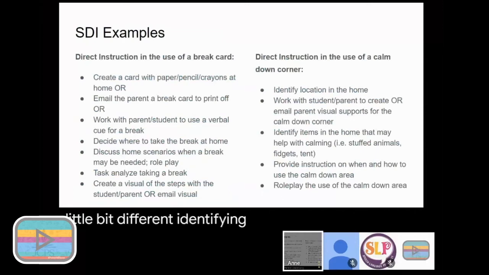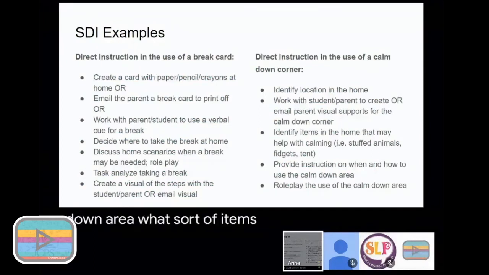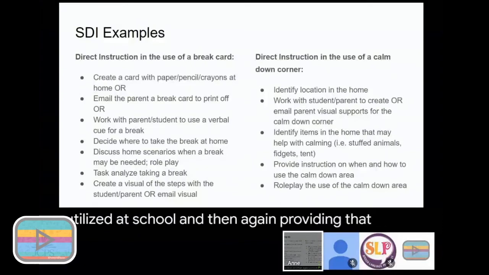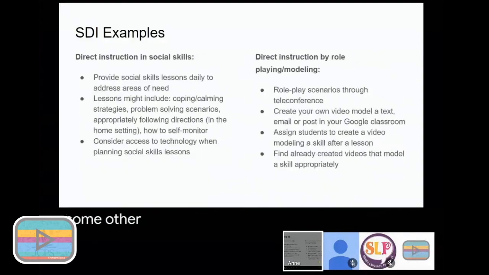Identifying items in the home. Maybe they have a fidget box at school in their calm down area. What sort of items do they have at home that could replace the ones that were being utilized at school? And then again, providing that instruction or role playing the use of that area. Okay. Some other SDI examples, instruction.